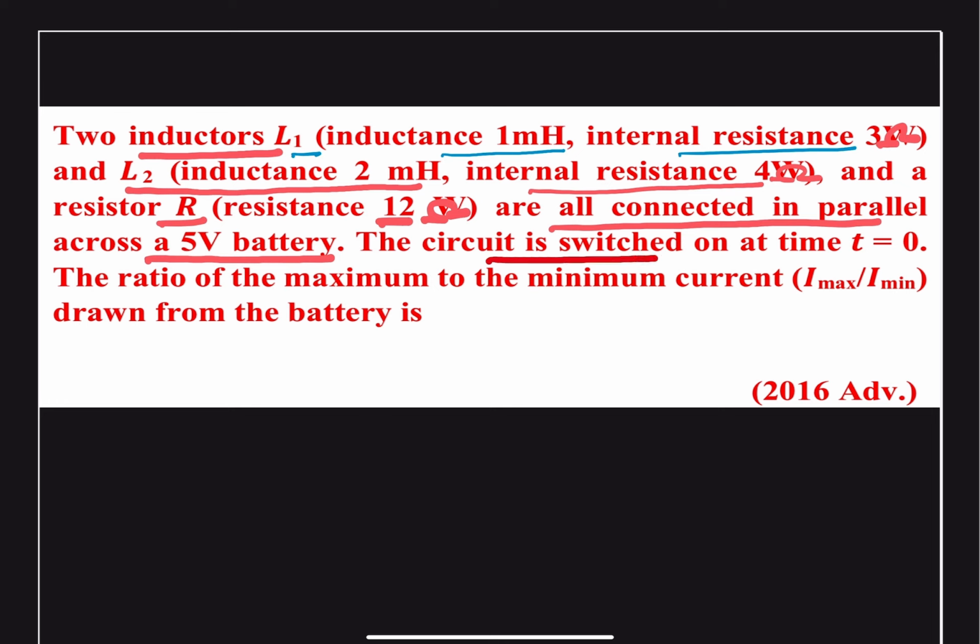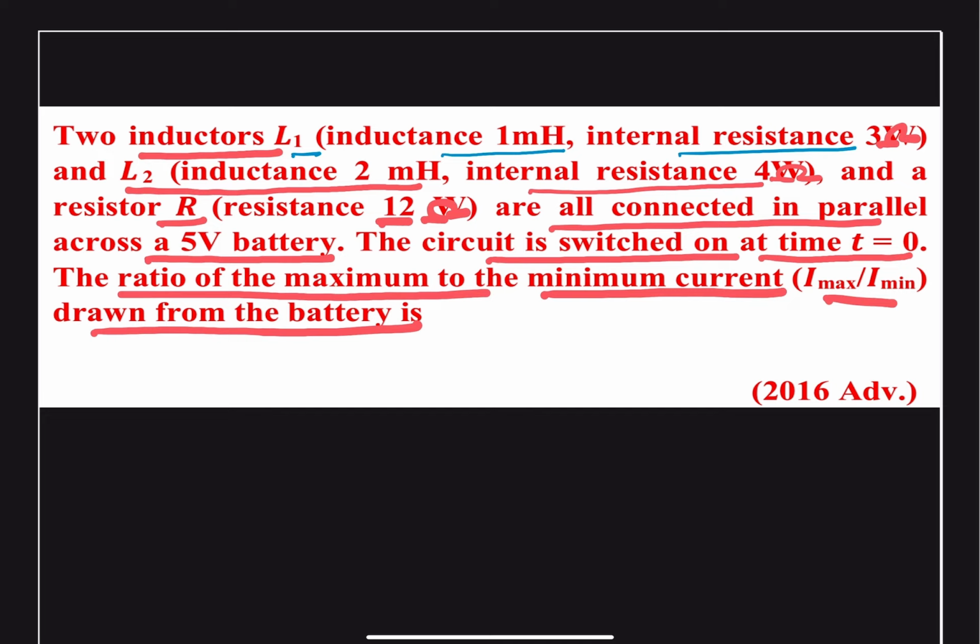The circuit is switched on at time t equal to 0. The ratio of maximum to minimum current, Imax to Imin, drawn from the battery is.